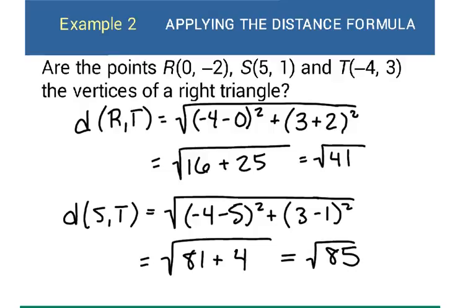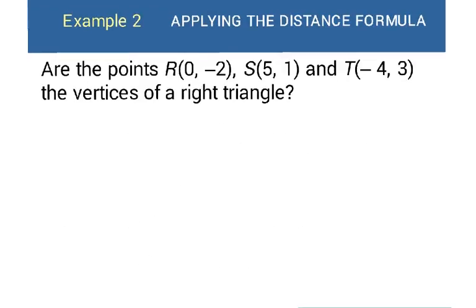Okay, so now we're going to apply the Pythagorean theorem to these distances that we have. So we got the square root of 41, the square root of 85, and also the square root of 34 from the previous page.